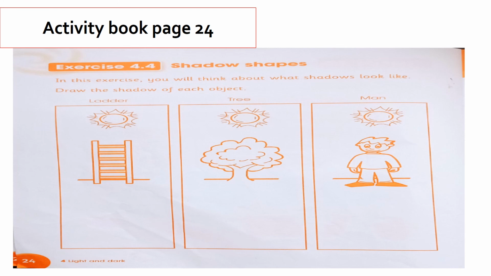Now I'm going to give you a little technique of how to draw these shadows nicely. Turn your books upside down and then draw. You're going to have very beautiful shadows from these shapes if you turn the book upside down. But if you draw the way the book is, you might not get a very good shape.